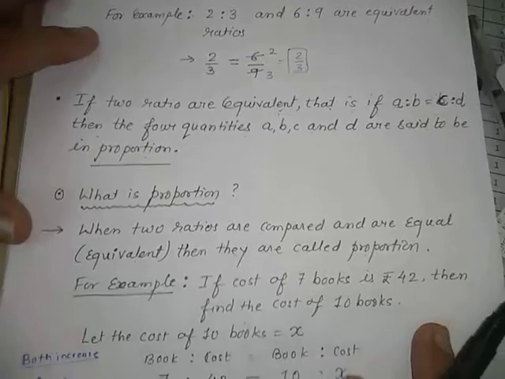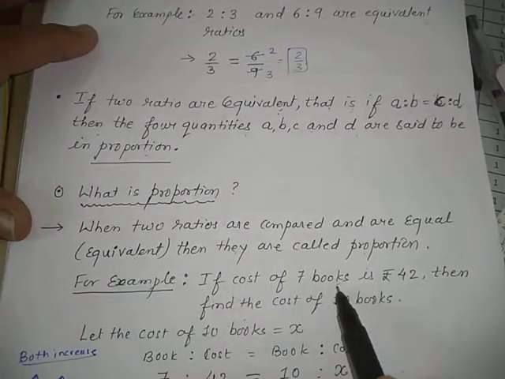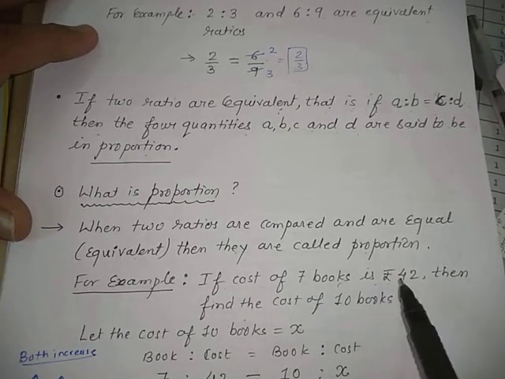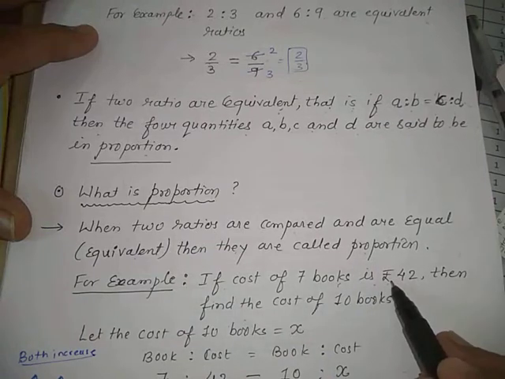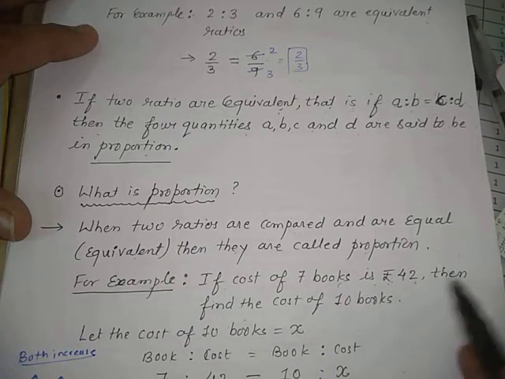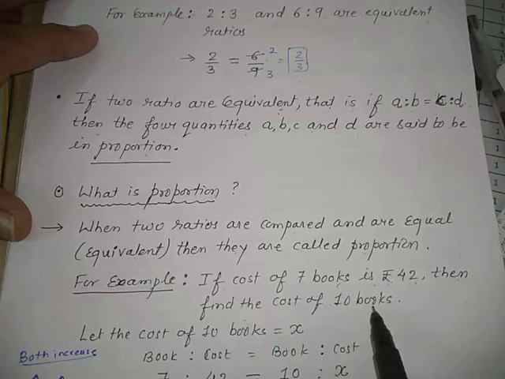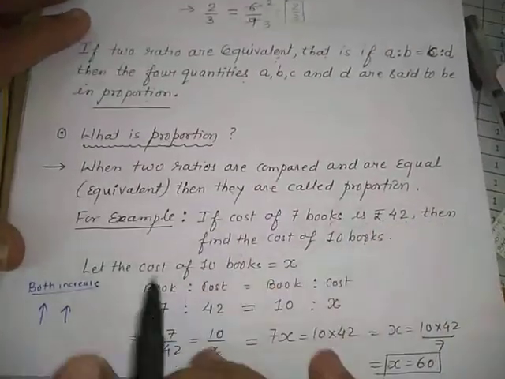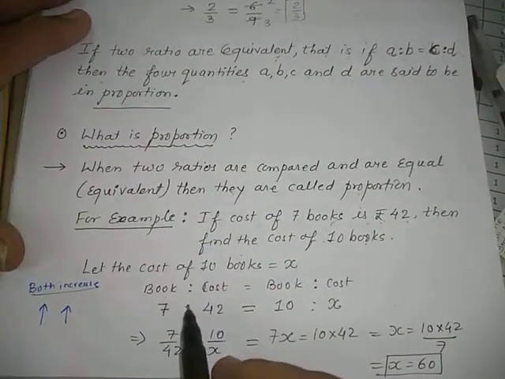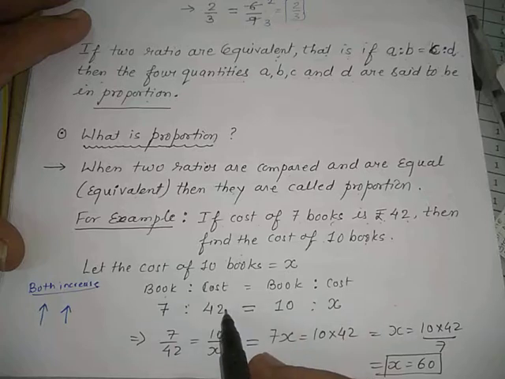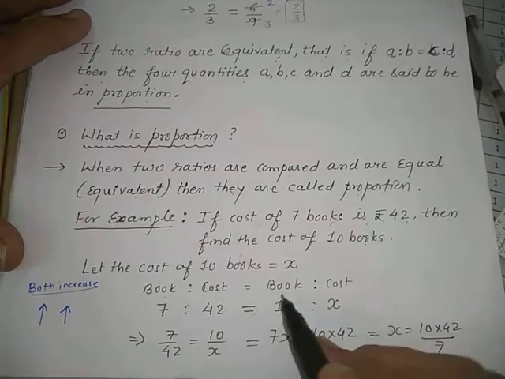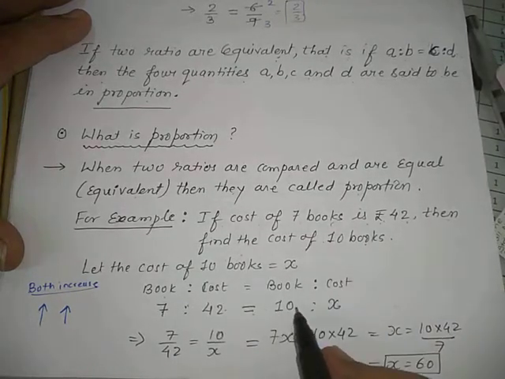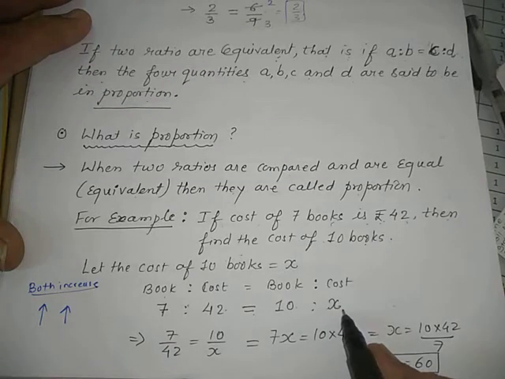For example, if the cost of 7 books is rupees 42, then find the cost of 10 books. Simply, we can say 7 books is to cost 42 is equal to 10 books is to how much? We don't know, that is x.